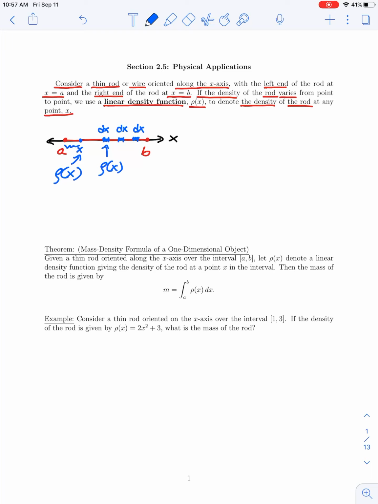So to get the mass of that little section of wire, maybe let me call this the mass of a wire segment, I would take the density of the wire on that very small interval, which we would call rho of x, times the length of that little section of wire, which we would call dx.